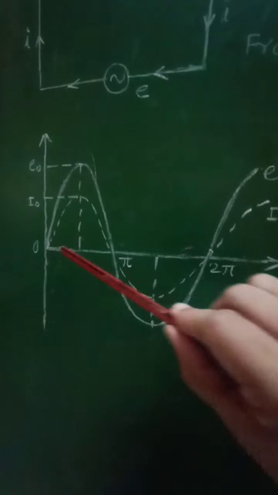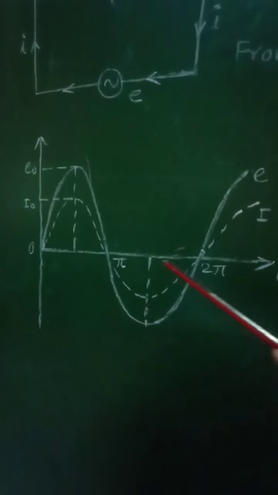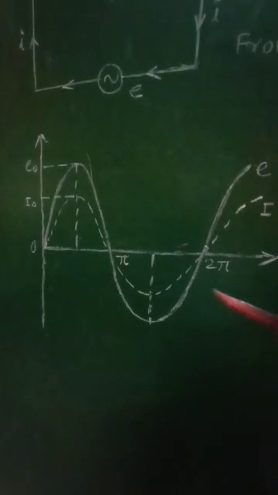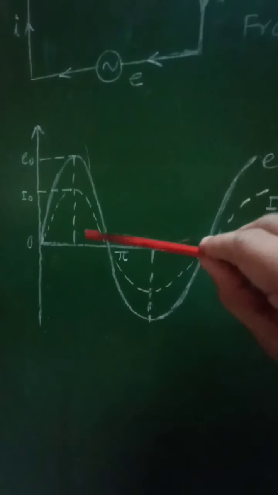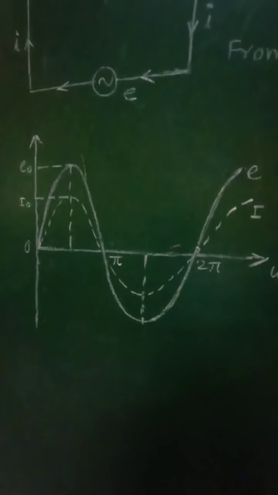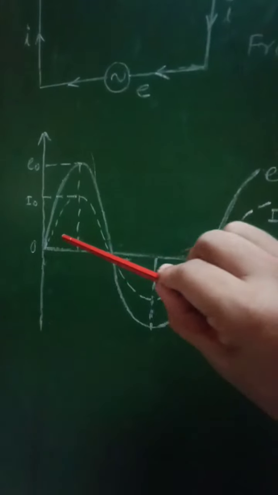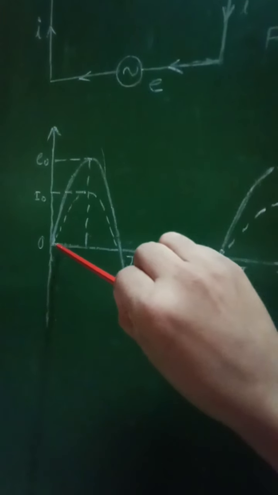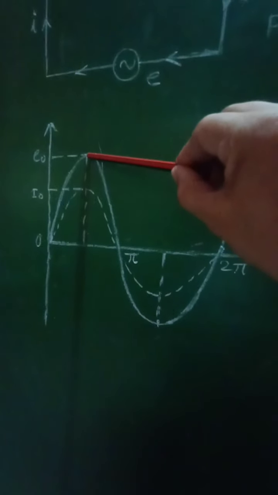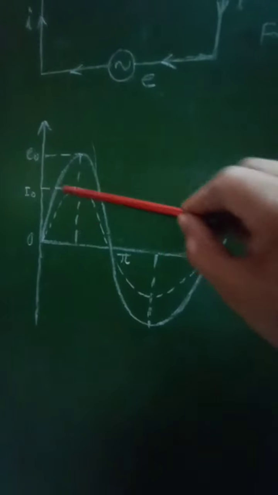From 0 to pi, a half cycle will be completed. From pi to 2 pi, the next half cycle will be completed like this. From this graph it is clear that EMF and current have similar shapes and similar variations. When EMF is equal to 0, the current is also 0. When EMF reaches its maximum value, current also reaches its maximum value.